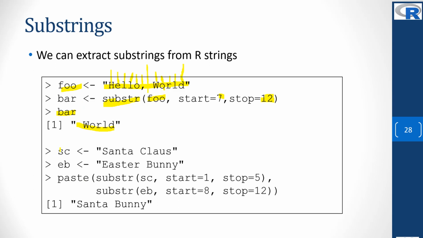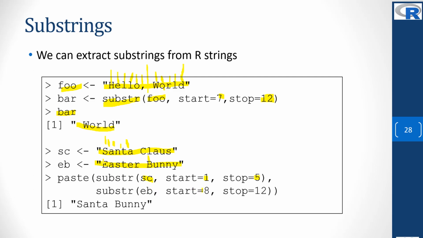Here I've got two variables, one containing the string Santa Claus, one containing the string Easter Bunny. I'm taking the substring of Santa Claus, starting at index 1, stopping at 5, so 1, 2, 3, 4, 5, the word Santa, and then I'm taking the substring from the Easter Bunny string, starting at 8, which is the word bunny.